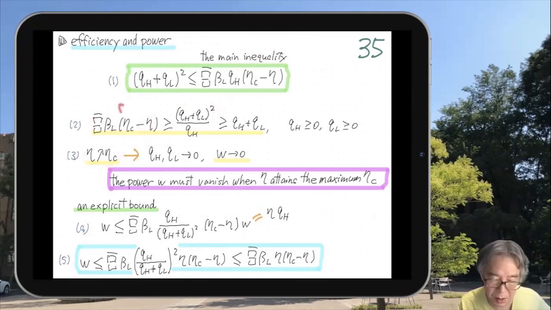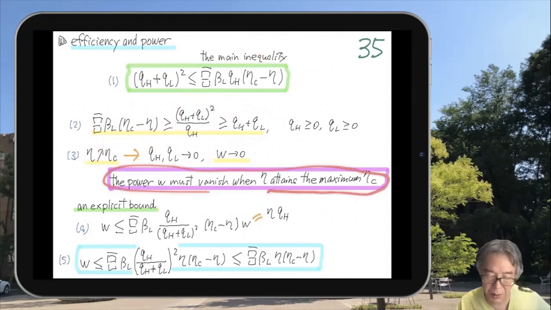Then this approaches 0, but on the right-hand side it is further lower bounded by this, right? And they are non-negative. This means that when eta approaches eta C, both QH and QL should approach 0. And of course the difference W, the power, also goes to 0. So the power must vanish when eta attains the maximum Carnot efficiency.